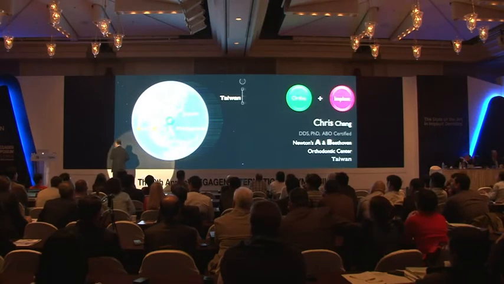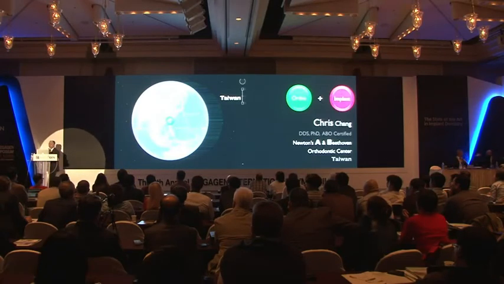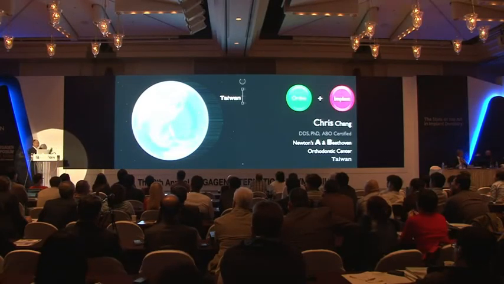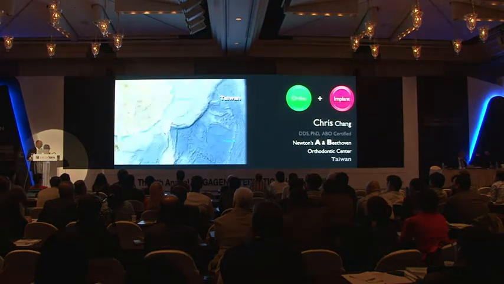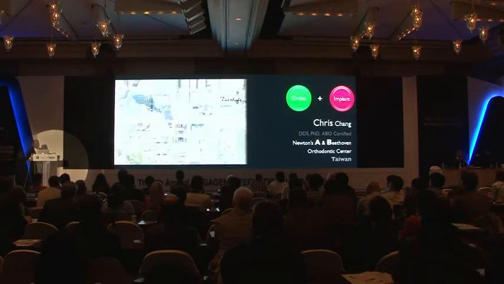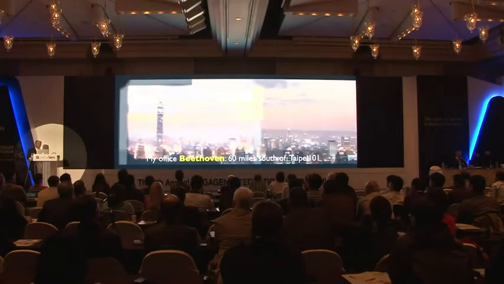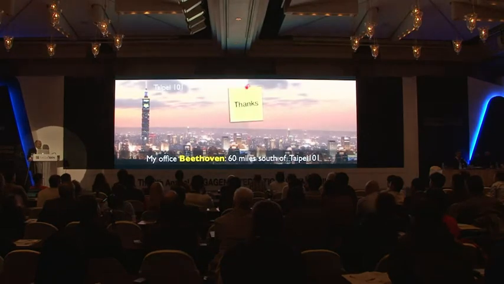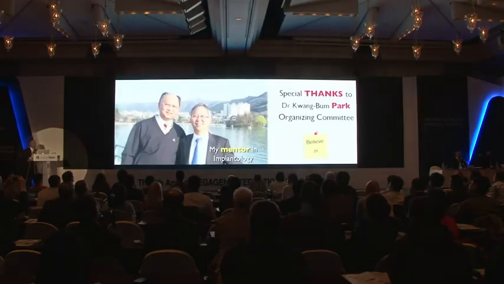One time I googled and figured out the tallest building on earth was in this small island, Taipei 101. And certainly it is second right now, second to the Dubai Tower. If you come to Taipei city, my office is 60 miles south of Taipei 101. So I welcome you to visit Taiwan.